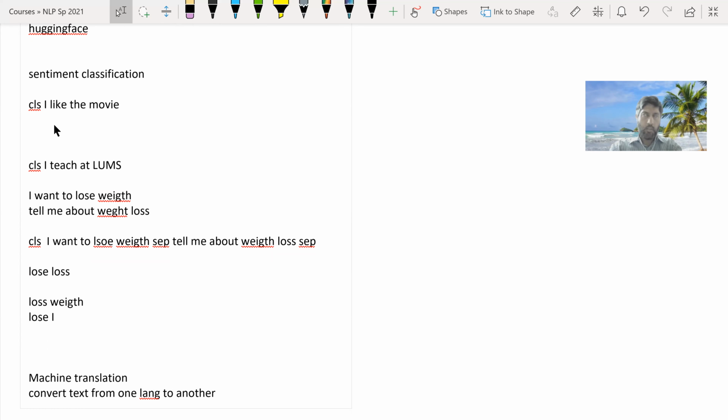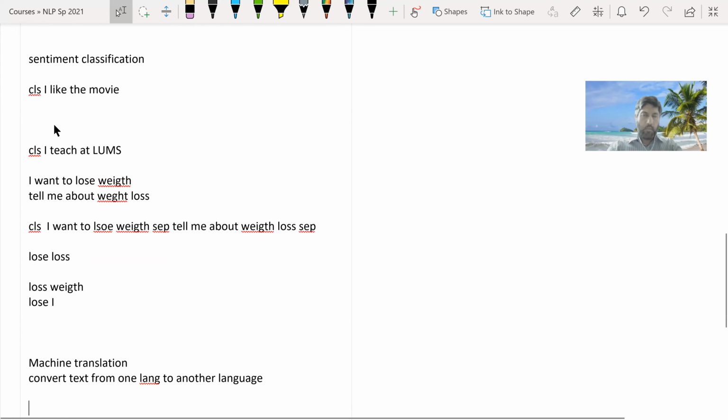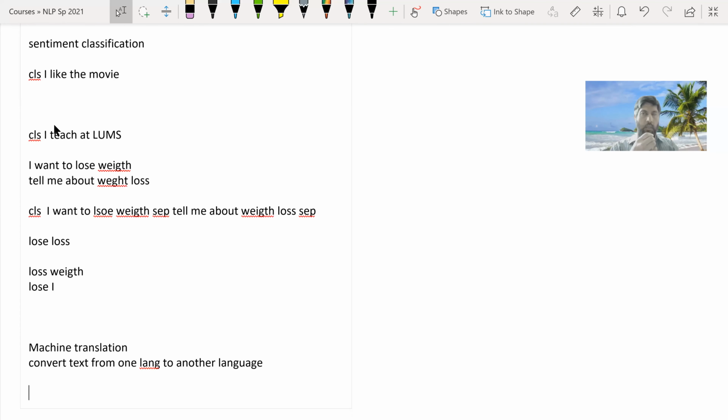This task is considered a main or key task in NLP, and it was considered to be a difficult task till I would say 2010, or say 2005.